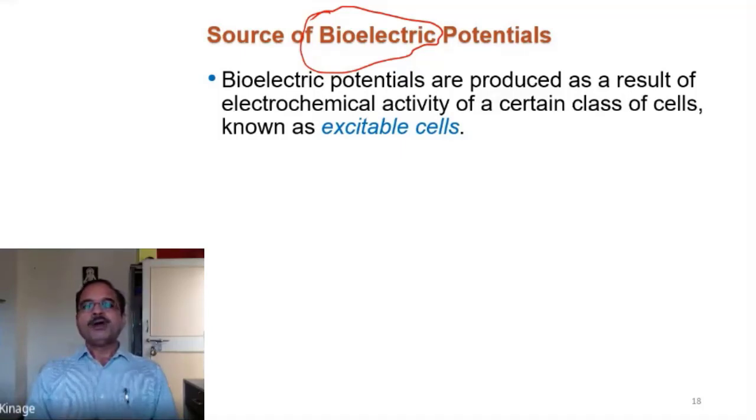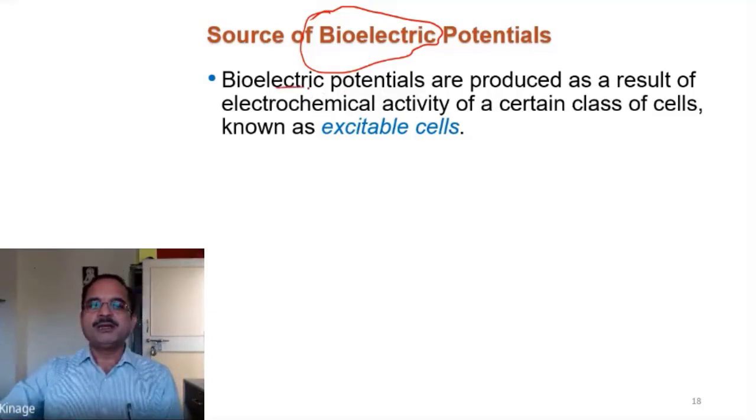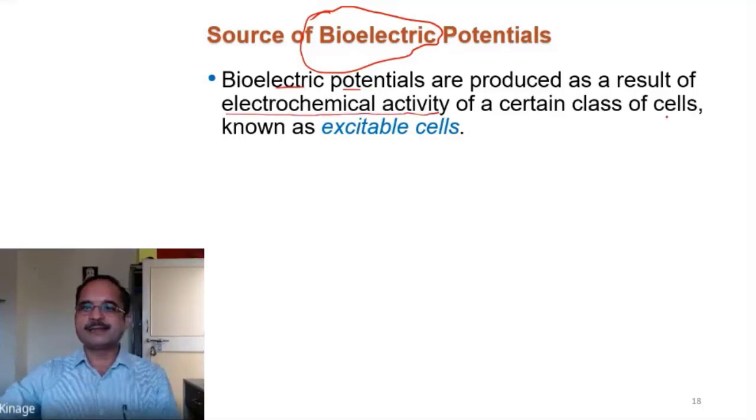Now, to begin with, let us see how the electrical signals are produced in our body. These are called bioelectric potentials. These bioelectric potentials are the result of some electrochemical activity of our cells.